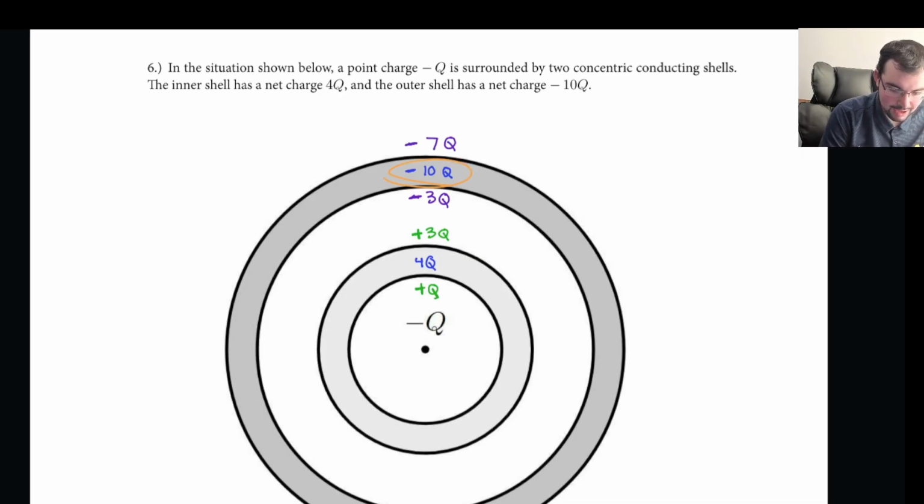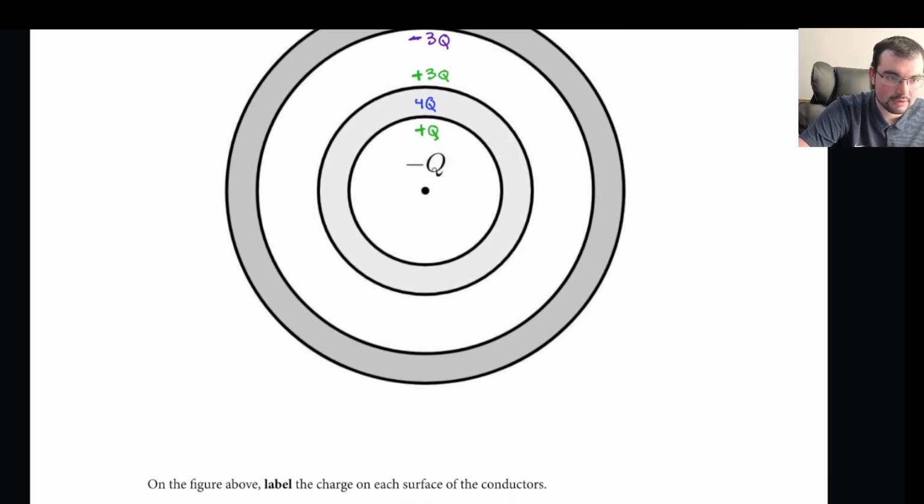So if I add up all those, we get, well, negative 1 and 4 makes 3, and 3 and negative 10 makes negative 7. So that gets us our expected result of negative 7Q.